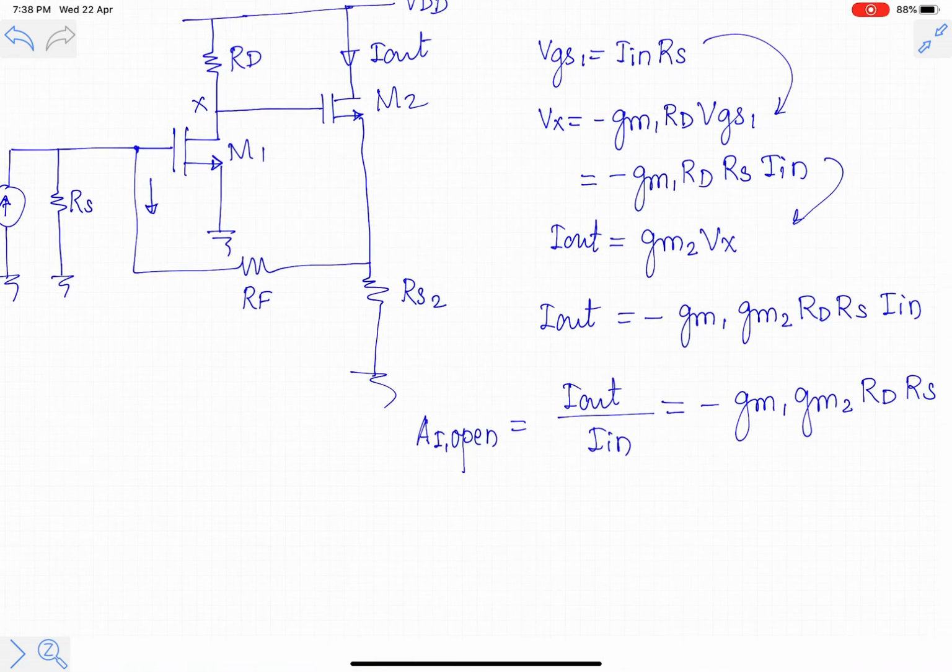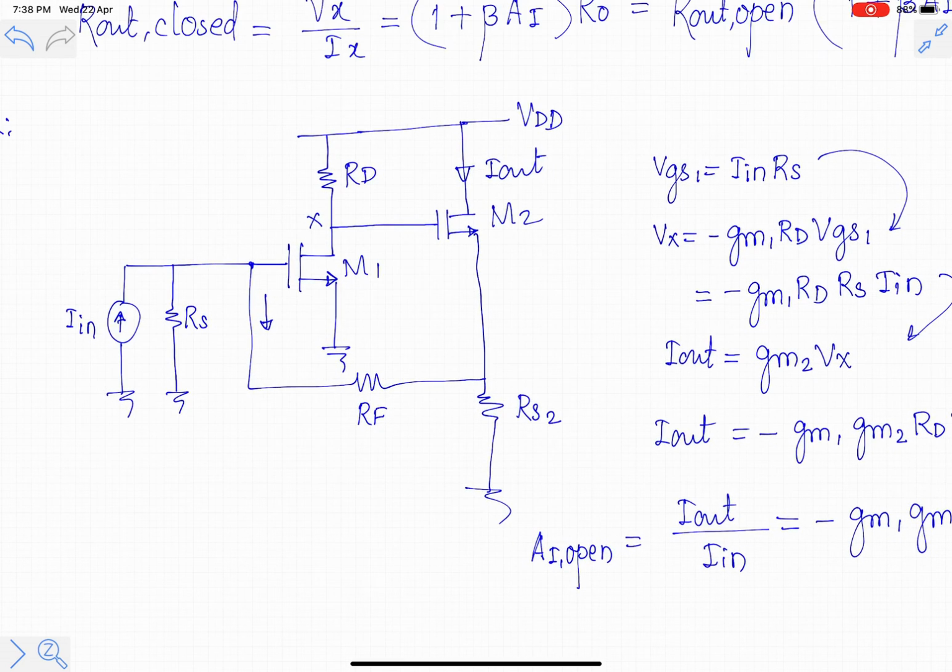In order to do that, we consider the same circuit here. We have to break the loop at a proper place. We should apply the known voltage at one end. So the best location is here.